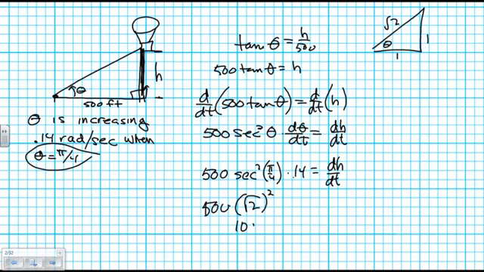That's going to be 1,000 times 0.14. I bet that's going to be 140. It's going to be my dh dt. I only need one last thing, and I need my units. And this is going to be in feet per second.